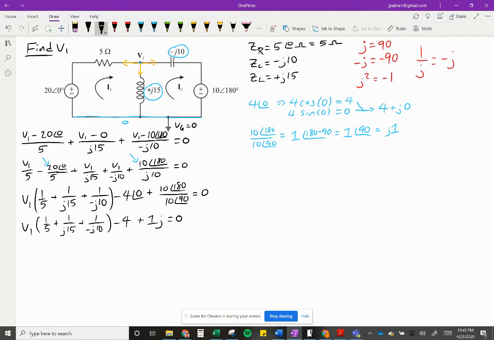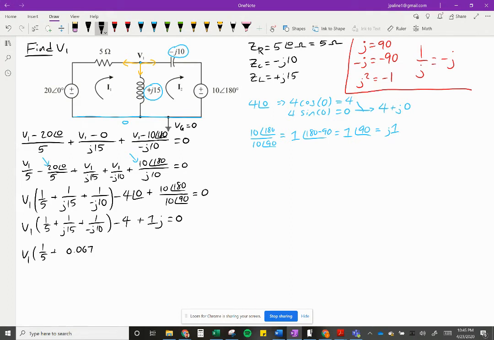Okay, so let's use this information now to simplify our parts of V1. This will be 1/5.